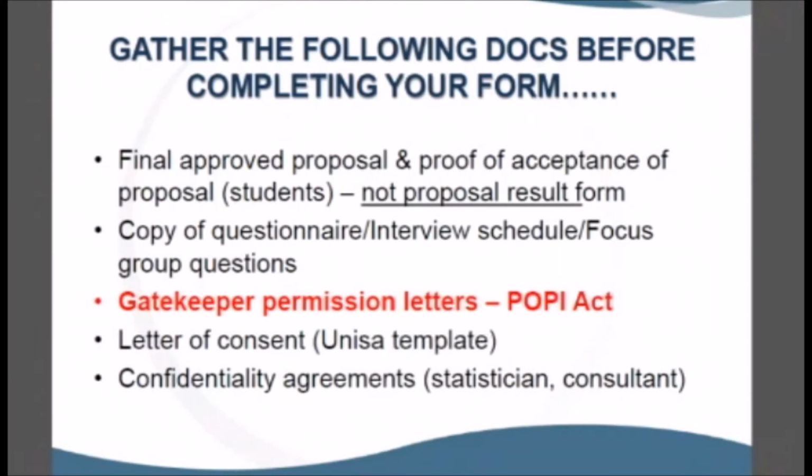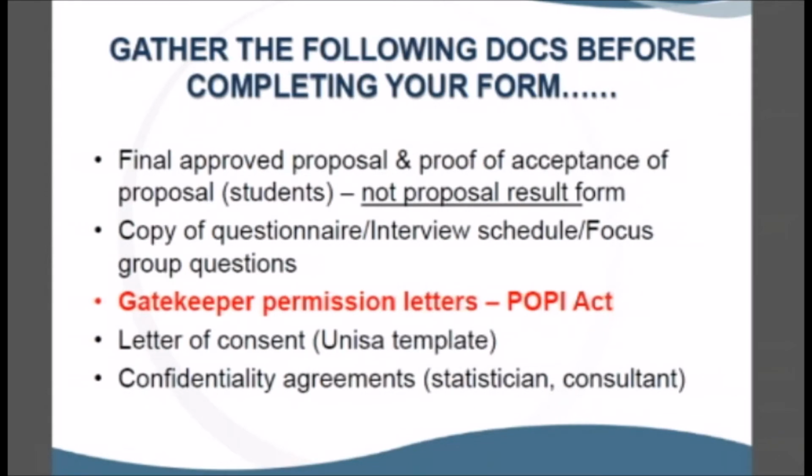Gatekeeper permission letters, I'll explain who the gatekeepers are and what their role is. That's very important. So you need to have permission letters for that as well. You need to have a letter of consent. That means that you are going to have permission to conduct that specific study. That needs to be on Unisa templates. Request them from your supervisor or from the college graduate studies office.